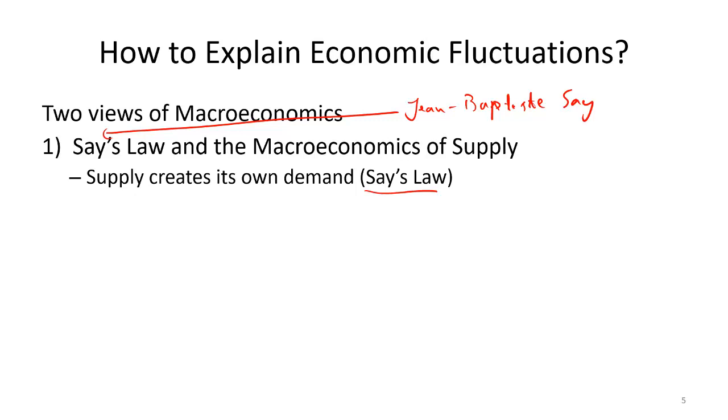So all as a macroeconomics we need to focus on is producing goods and services, because the more we produce, the more demand we are creating, because production generates income. However, if this is true, then why do we have recessions, or situations where we have production capacity but there are people without jobs, we have resources sitting idle?